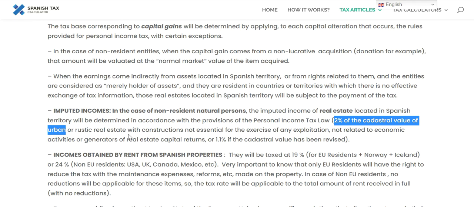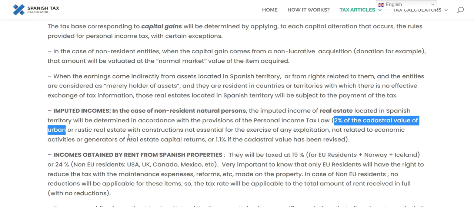This is a mistake, because as we are saying in this report, even if there are no incomes generated by rent, the Spanish system doesn't allow you to not declare a minimum of incomes that, as we say, obligatorily must be presented every year with an amount of income of 2% of the cadastral value.